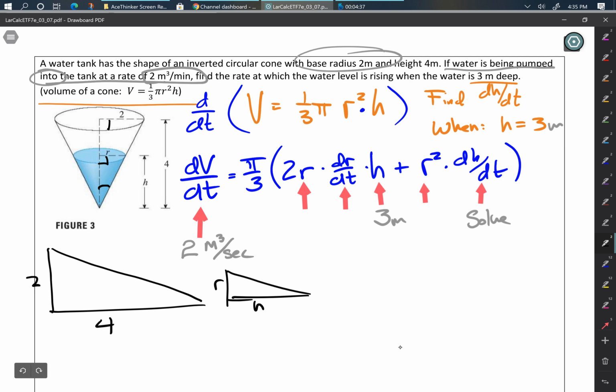They're both right angles, which means that that third angle must also be the same. And since that third angle is the same, then we're looking at similar triangles. And if I have similar triangles, I can set up ratios. I can say that r is to h as 2 is to 4. What's that going to give me? 2r is equal to h.